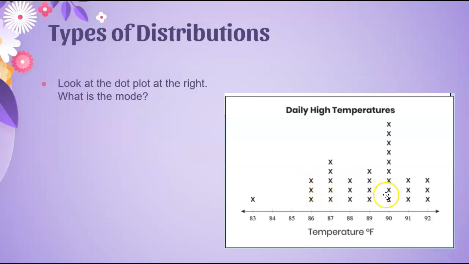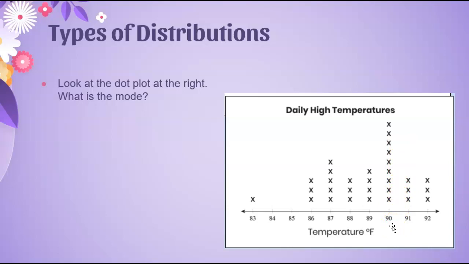So we can count them all up and know exactly how many data values we have. We can also look at the tallest column of x's and count how many x's there are. There's 1, 2, 3, 4, 5, 6, 7, 8, 9. So 9 values of the data set were 90.